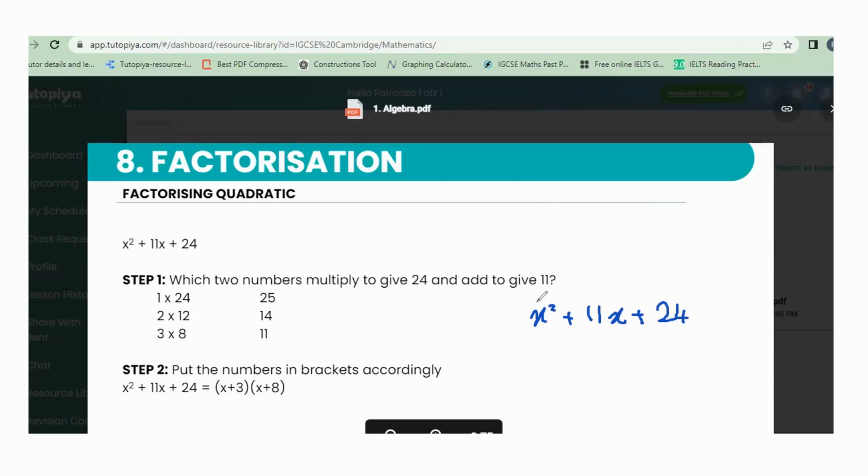So I'm going to multiply a and c, which is 24, and find a pair of factors. When we multiply, we need to get plus 24, and when we add them, we need to get 11. Can somebody tell me what that pair of factors could be? Any idea?